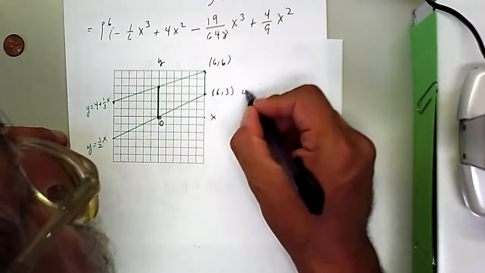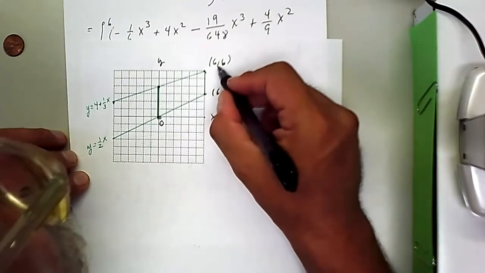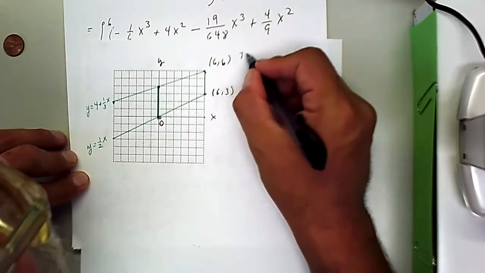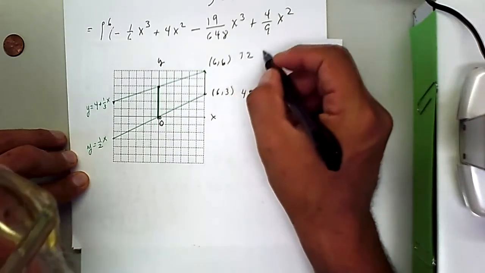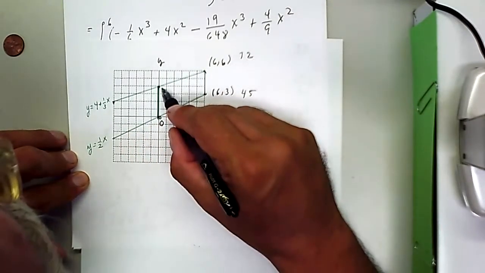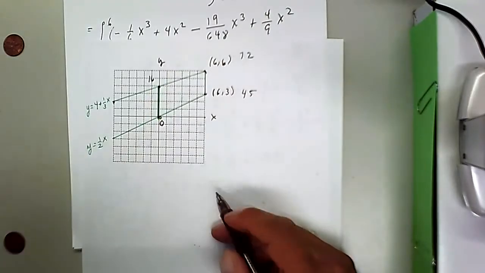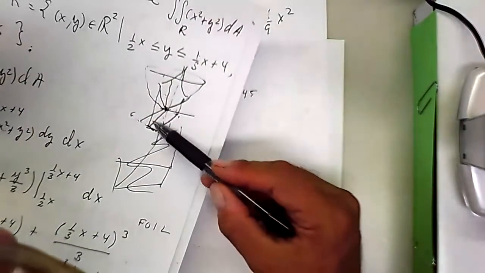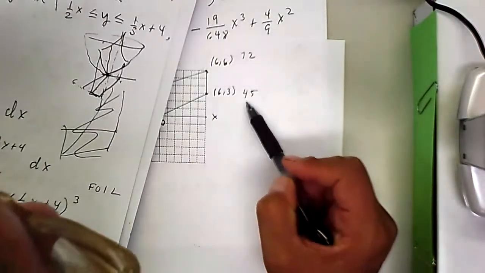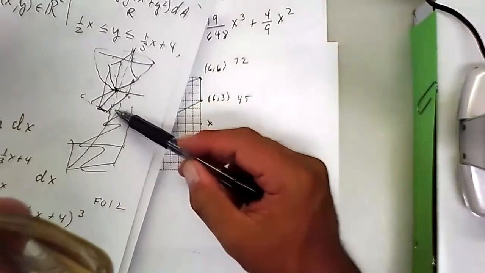So the output here is 45. The output here is 36 plus 36 is 72. And the output here is going to be 16. So as this height is 45, the height way up here is going to be 72.